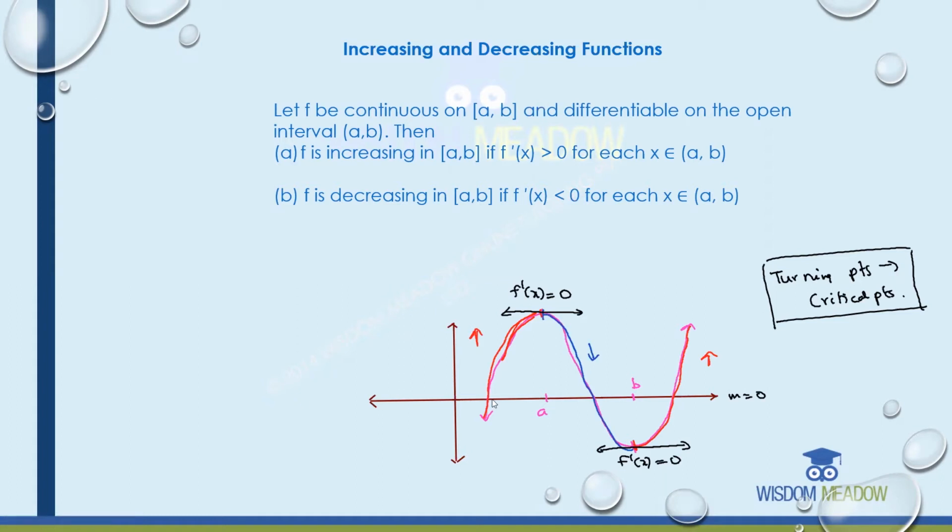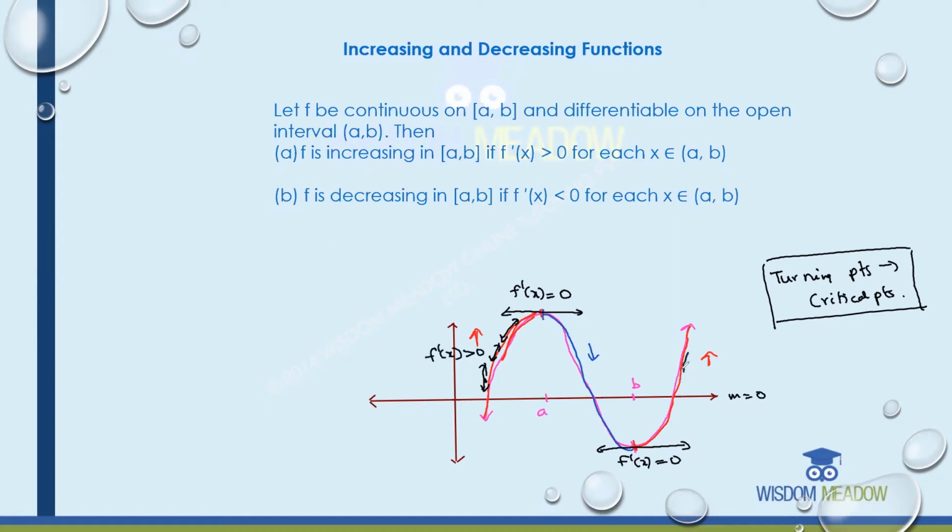If you look at this increasing part and draw the tangent, the tangent just touches and goes. You can see that the tangent is rising. It's a rising line, as I told you in the last slide. Rising line means slope is positive. So in that case, your f dash of x is greater than 0.